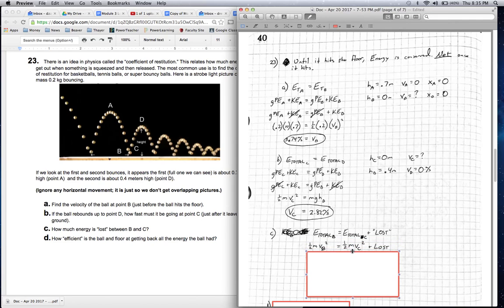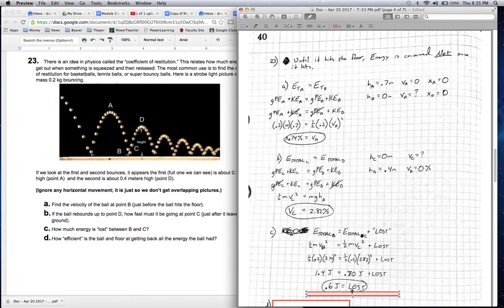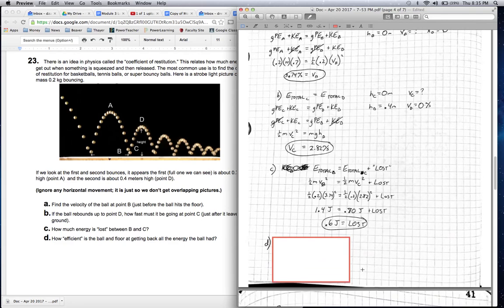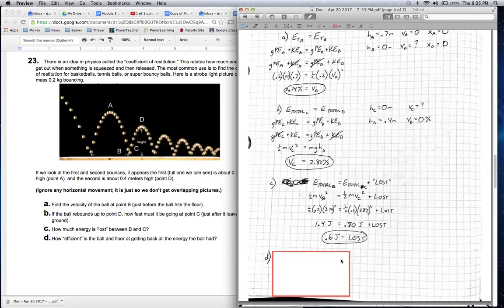So the total energy at B, which is just kinetic, is equal to the total energy at C, which here is just kinetic, plus whatever energy was lost. Using the values I found, I put in the numbers and find that about 0.6 joules of energy were lost in the ball hitting the floor.